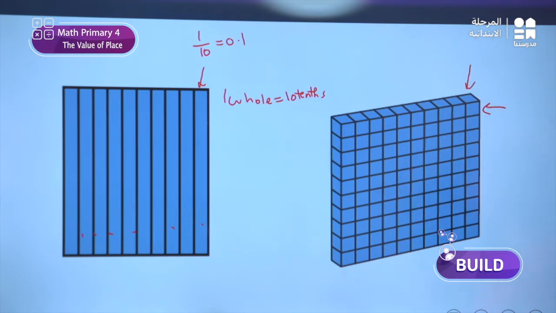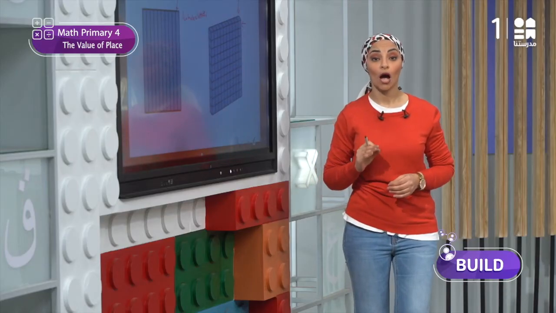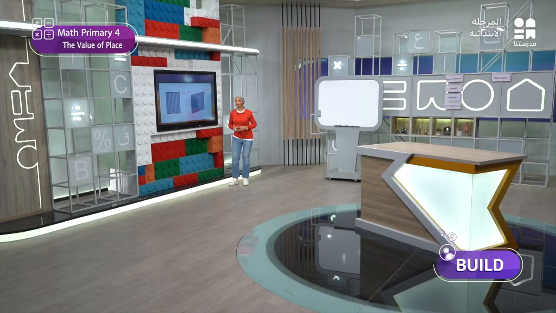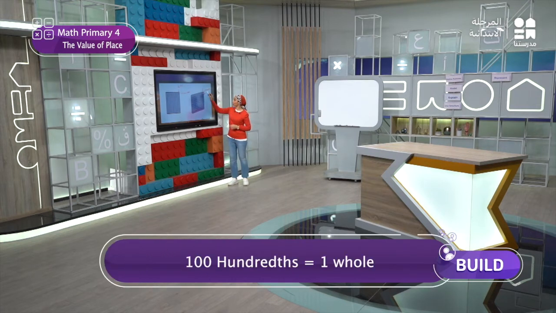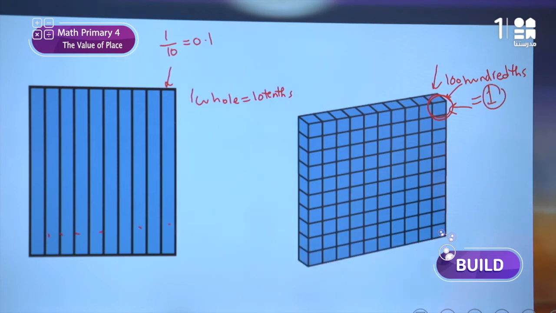That means all of them are 100 squares. Each square represents 1 100th. So each square represents what? 1 100th. Okay. So that means 100 100ths equals 1 whole.